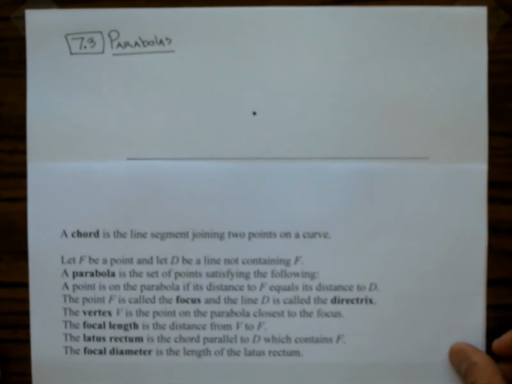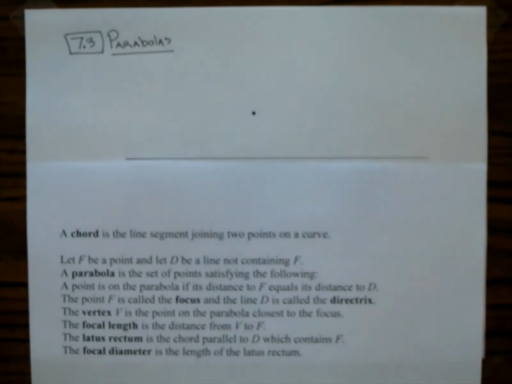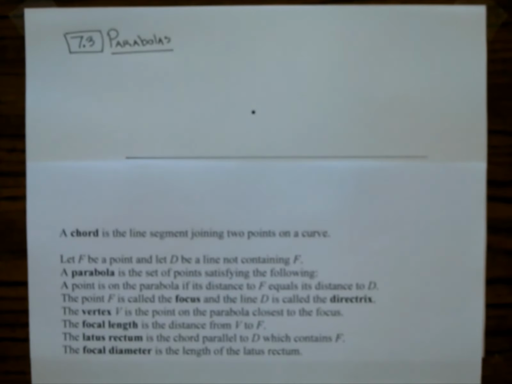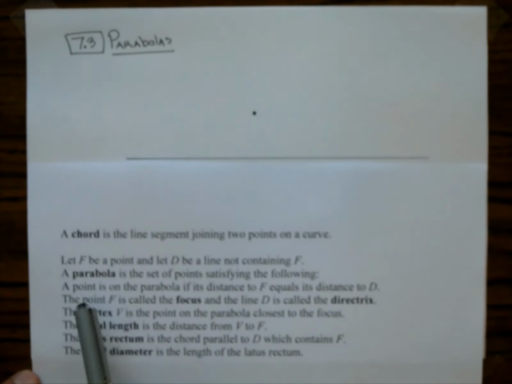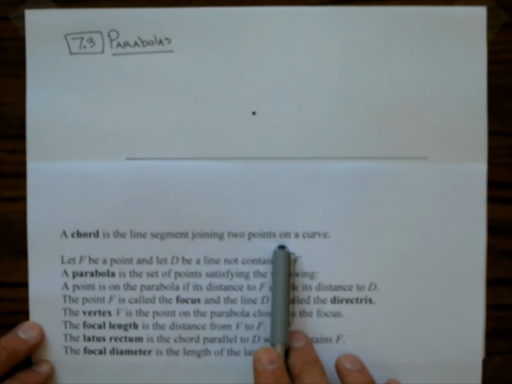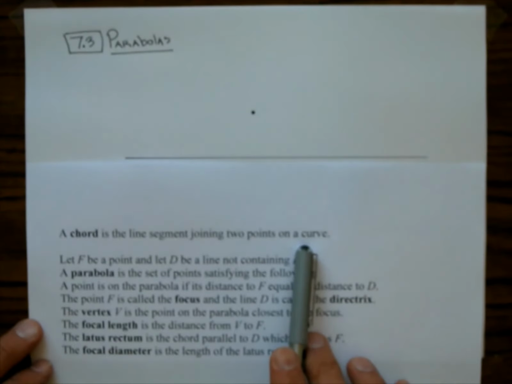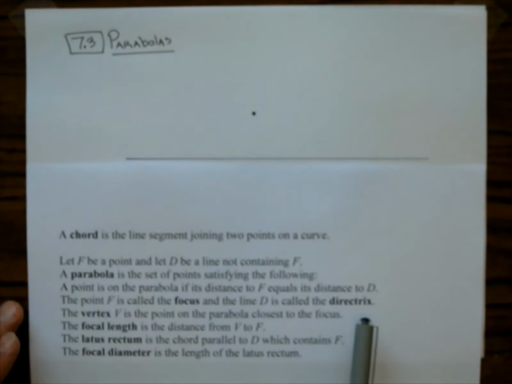This definition right here, see how it's coming out. Will be good enough. If it's too blurry, you can get the notes on the website in PDF form. A chord is the line segment joining two points on a curve. So an example of a chord from an earlier curve would be the diameter of a circle.